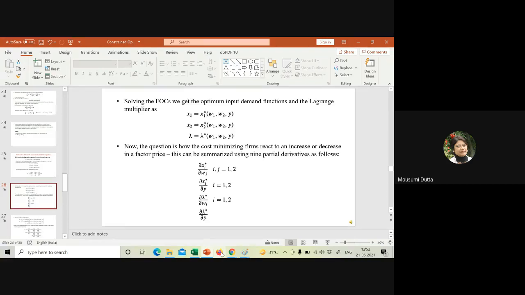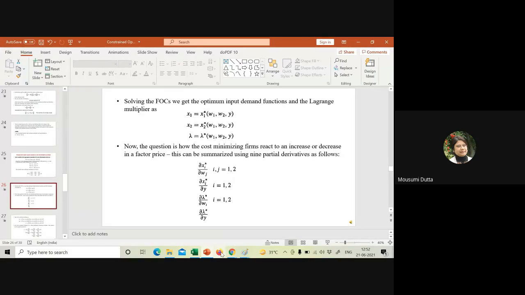Similarly, del xi star by del wj is taking care of changes in x1 and x2 in terms of w1, w2, own price, cross price, everything. Okay. So both i and j are running from 1 to 2.